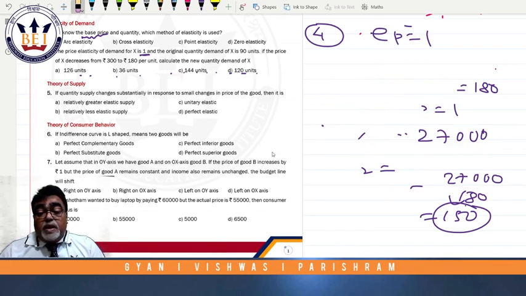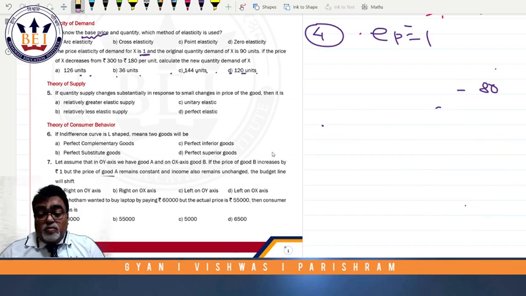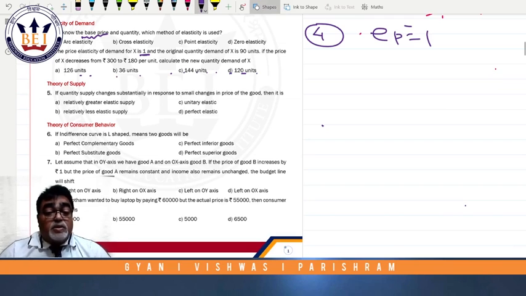When you apply the plain percentage method, let me show you. If we take the plain percentage method, what is coming? Del Q by Q, and Q is given as 90.